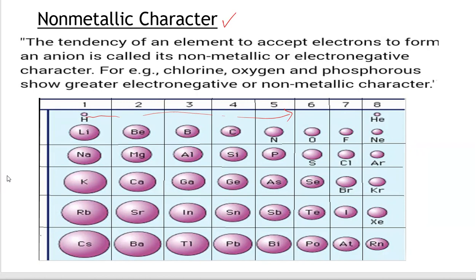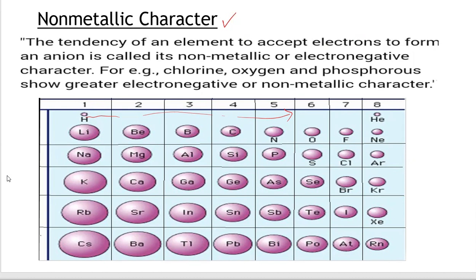Now what is happening in a group? In a group, outermost electrons are far away from the nucleus. As we move from top to bottom, new shells are adding, so electrons are far away from the nucleus and we can easily remove the electron. If an atom loses an electron, that means metallic character. So as we move from top to bottom in a group, non-metallic character decreases.